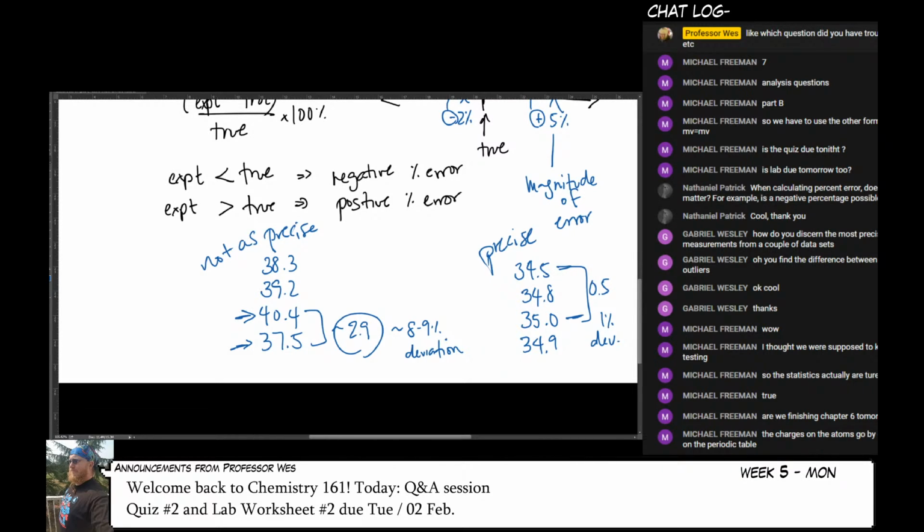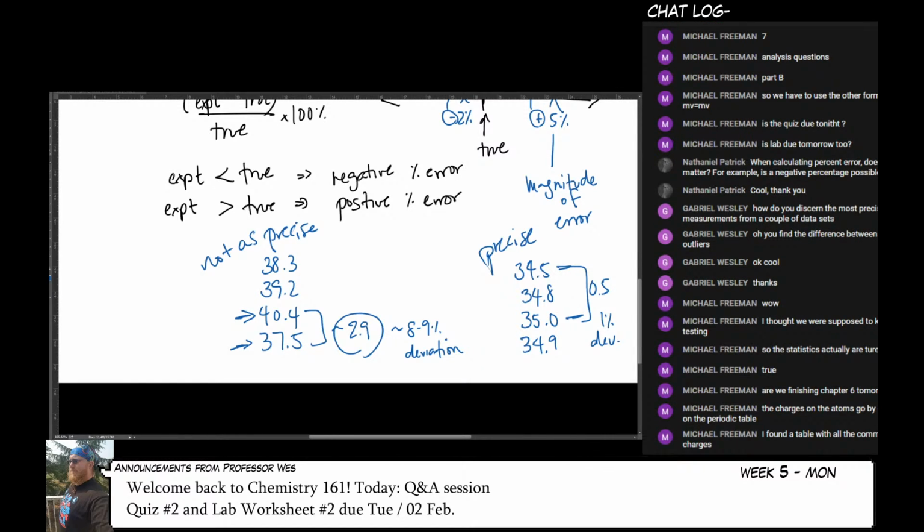So, the charges go by columns in the periodic table. That's right. You do kind of have to remember that from Chem 140, that chlorine, when it forms an ion, is always -1. That question, unfortunately, is sort of a legacy question.